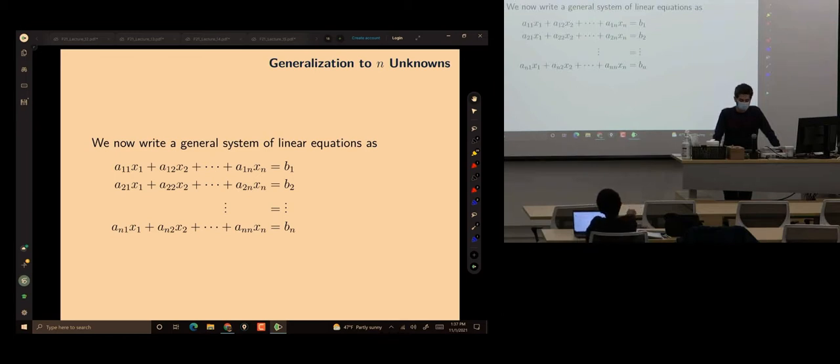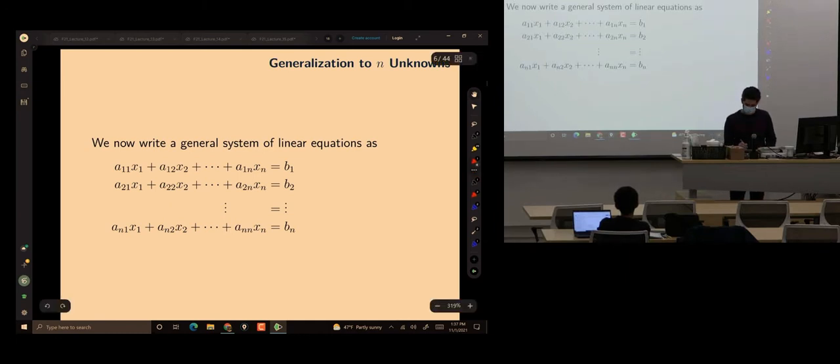We wanted to scale it up to an arbitrary number of variables, to use a computer to solve it. So the generalization of that for n variables ended up being writing n lines of equations.